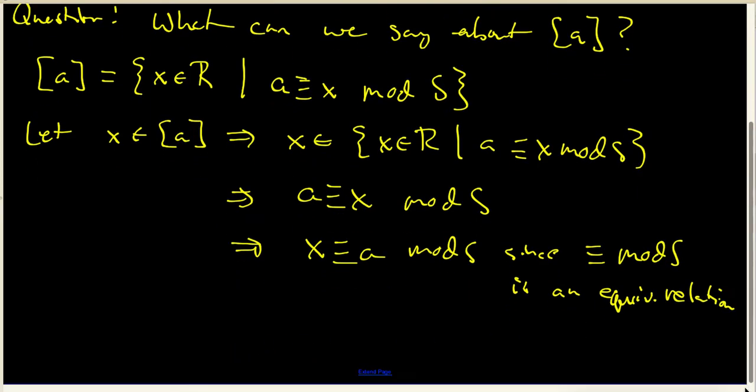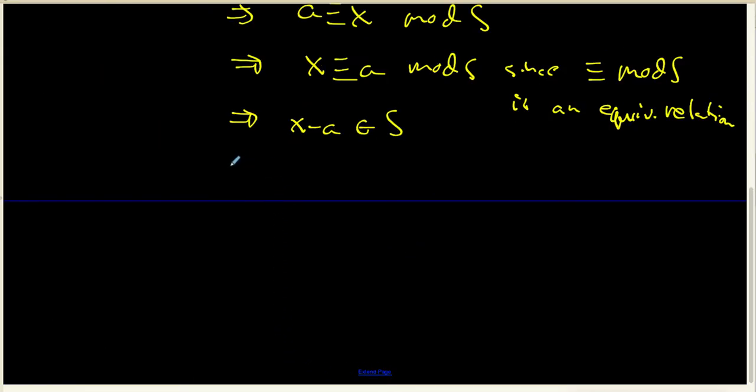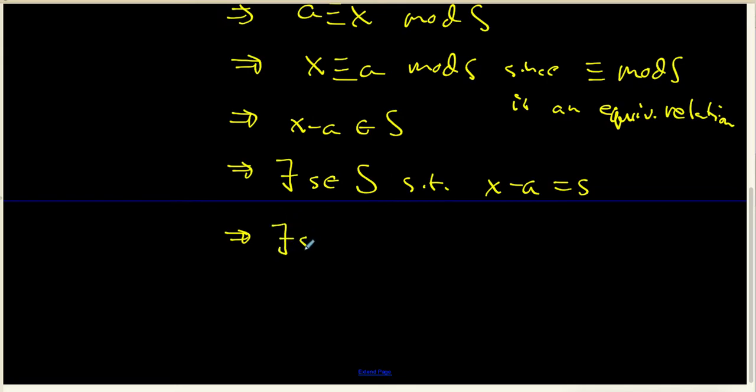But I also know that X is congruent to A mod S means that X minus A belongs to S. In other words, there exists some little s inside set S such that X minus A is equal to little s. And so that says that X is equal to A plus little s.